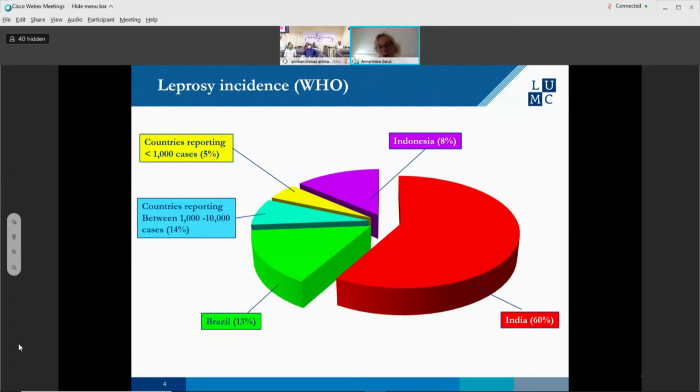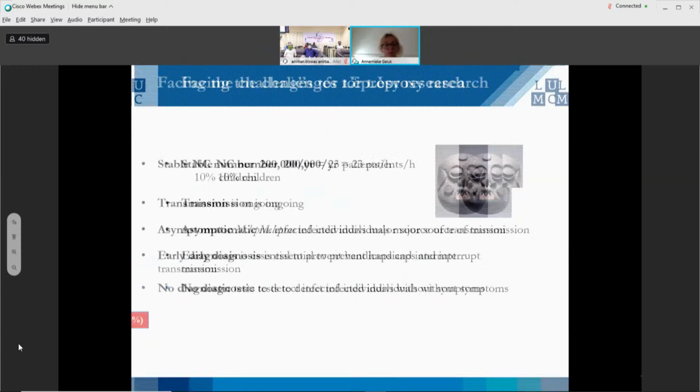That means they are not endemic anymore if you look at the total figures, but in these hotspots, there are a lot of leprosy cases. However, because the country is not endemic anymore, the interest to identify and to treat leprosy has decreased a lot.